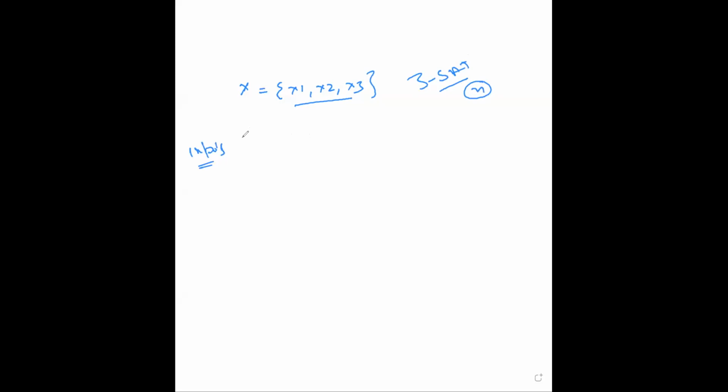Now what we are supposed to do is write some CNF formula for the same. Let us suppose that our CNF formula is x1 or x2 naught or x3, and in between we have AND, and x1 naught or x2 or x3.